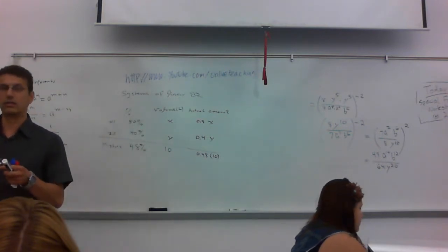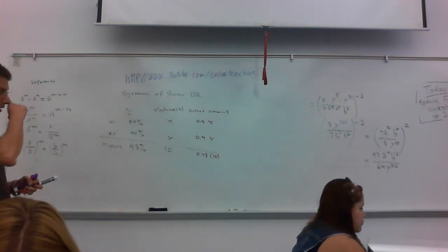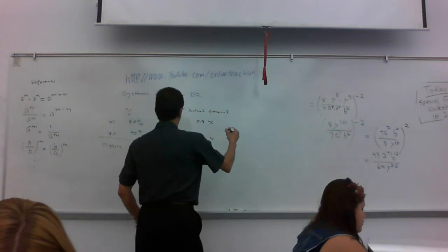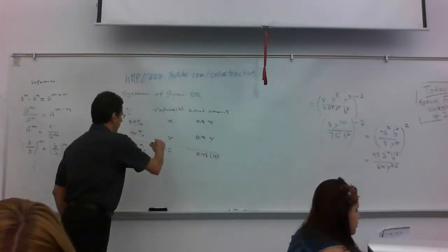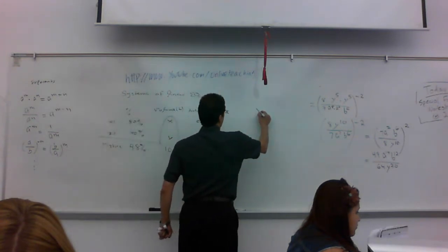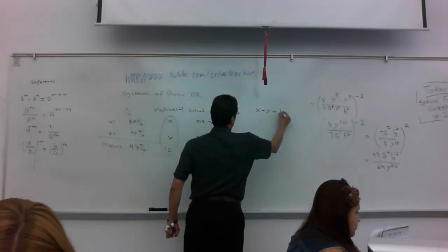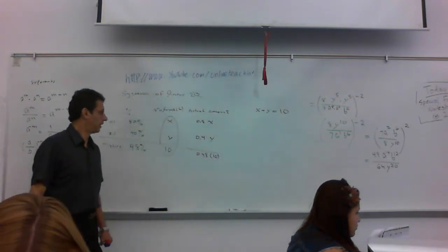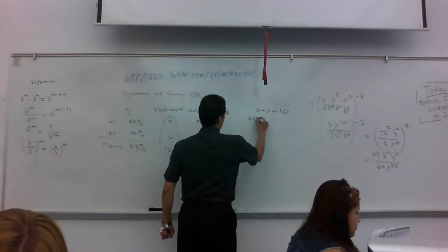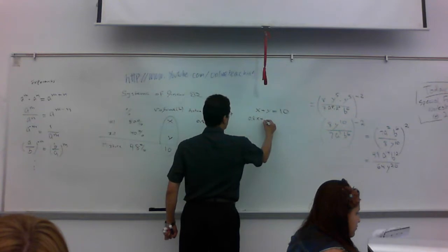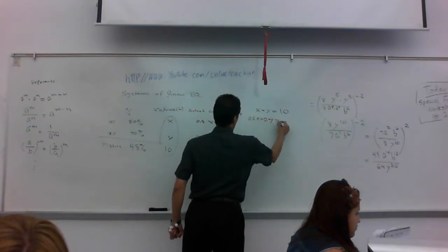Is that making sense? So let us write the two equations. Can you give me the two equations? x plus y equals 10. And 0.8x and 0.4y is equal to what?